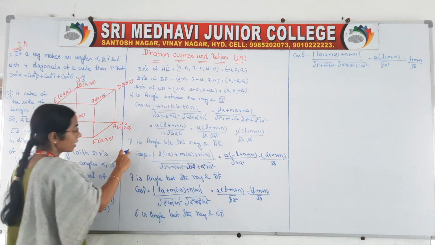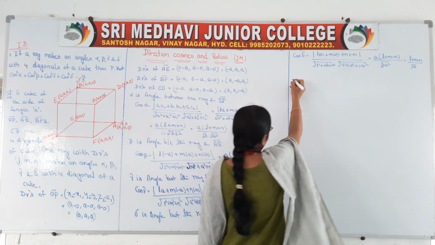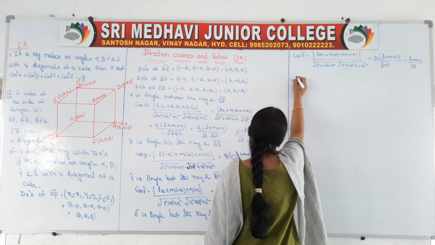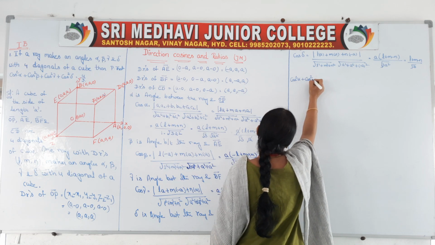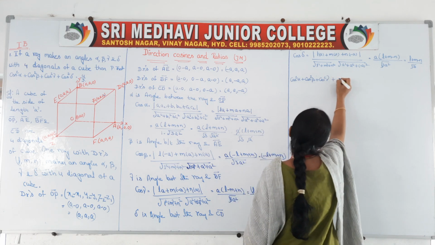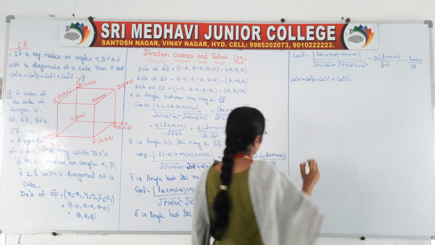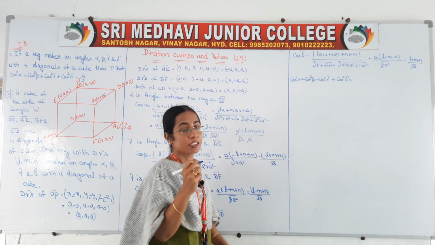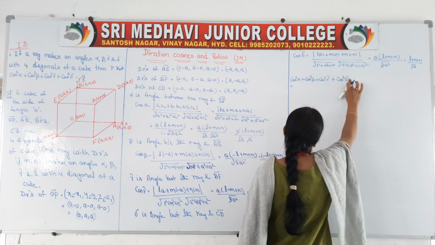So cos alpha, cos beta, cos gamma, cos delta. Now we have to prove that cos square alpha plus cos square beta plus cos square gamma plus cos square delta is equal to 4 by 3. This is what we have to get. Here I will write a little bit lengthy.